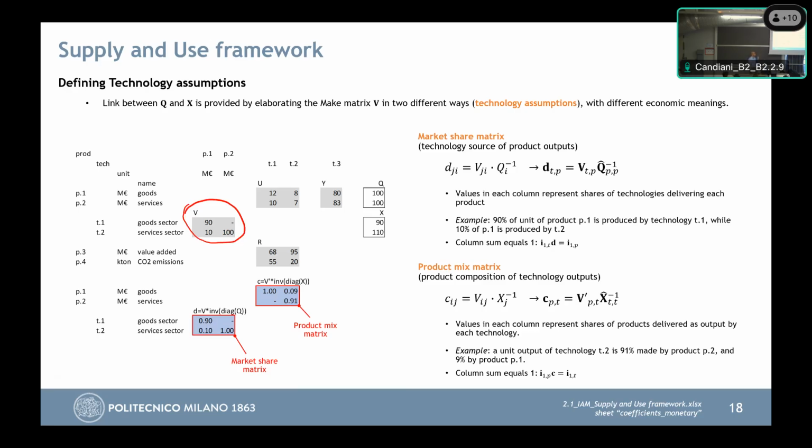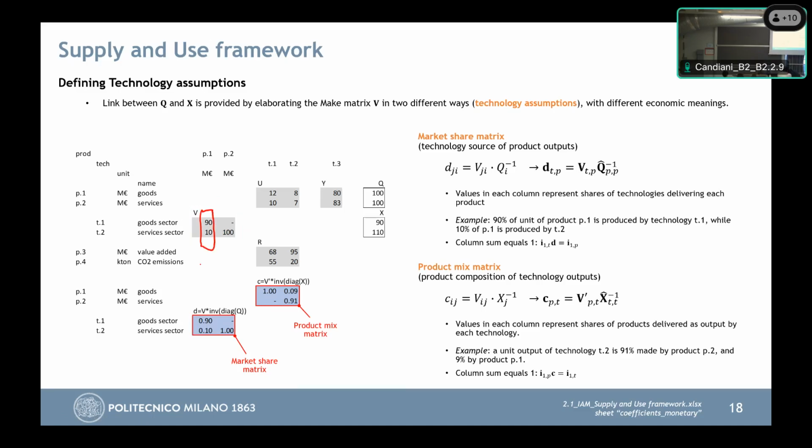So on one hand, we are getting the market share matrix, D, small d, that is simply the product between the make matrix and the inverse of the diagonal of Q. So we are dividing all the items in the columns by the total demand of product. So for instance, in this case, you see that we have 90 and 10.